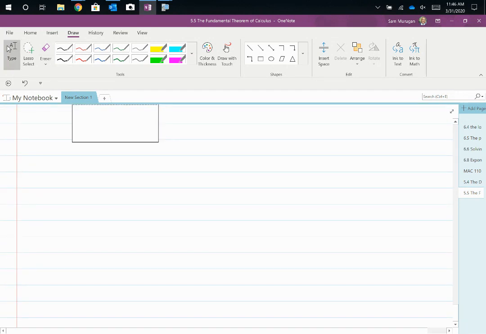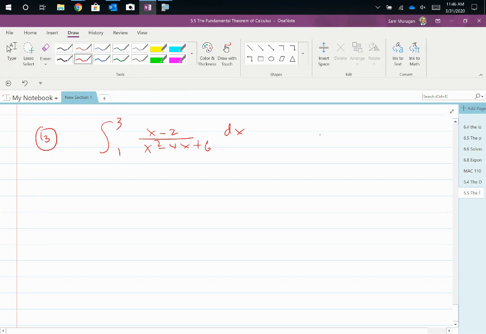Okay. Question 13. Integrate between 3 and 1, x minus 2 over x squared minus 4x plus 6 dx. So lots of manufacturing happening here.